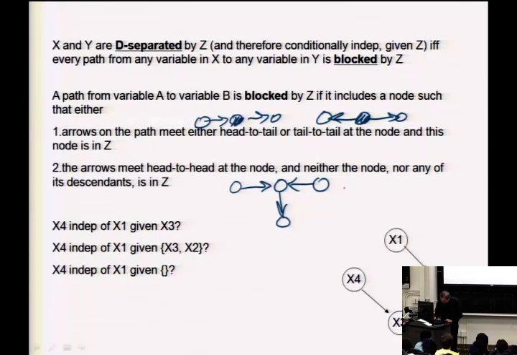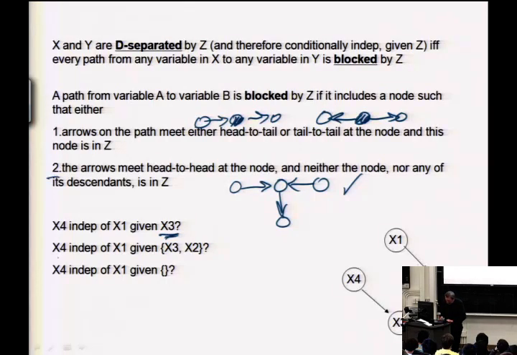And that's satisfied. Oops, that's not satisfied if this is observed. So if x3 is observed, then we can't use the second case to block it.